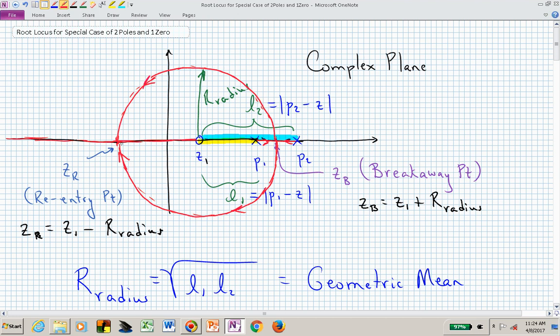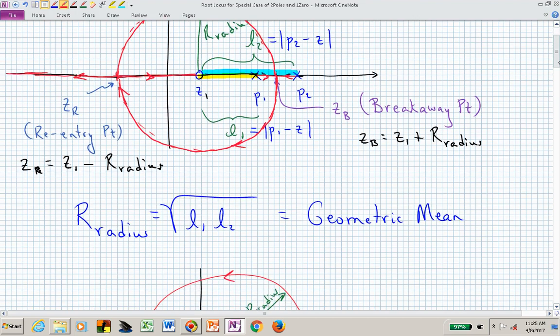And then once they get to the reentry point, one goes to the right towards that zero, the other one marches off to the zero at infinity. And that's really what you need to know for sketching these root loci for the special case of two poles, real poles to the right of a real zero.